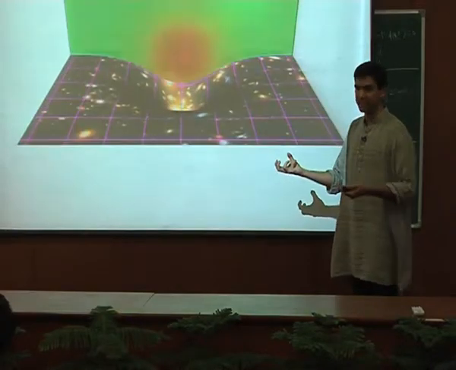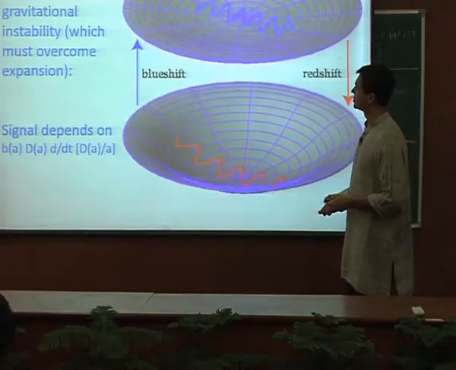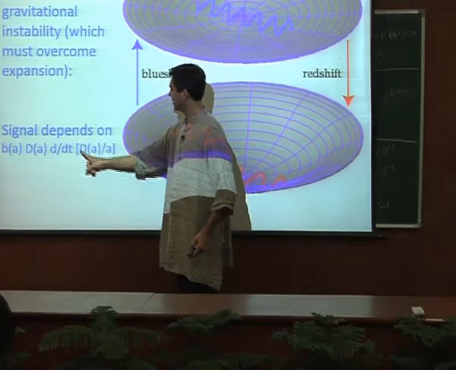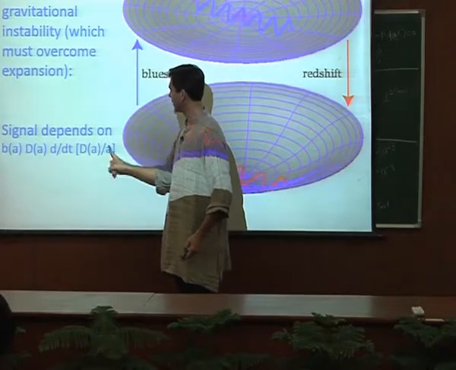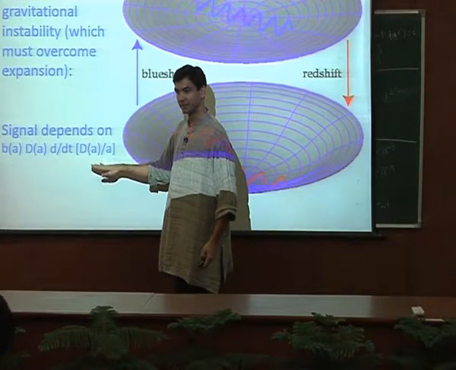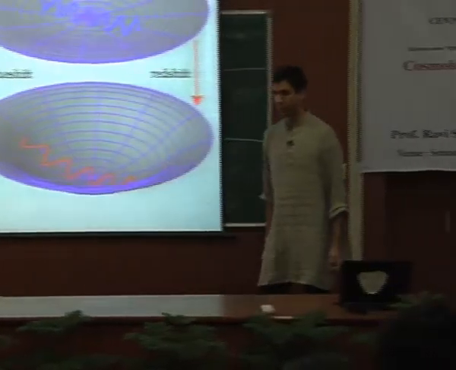It's trying to fight against the expansion. And so there is one special case in which the growth because of gravity and the decay because of expansion are the same. They cancel. And that case we will derive tomorrow. Yeah?